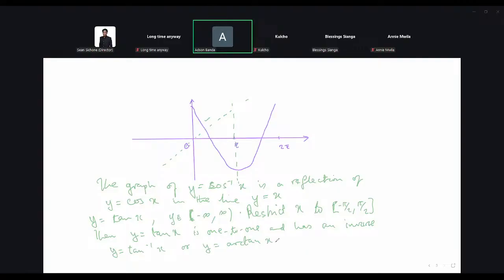So you have y is equal to arctan of x. Right, so what we observe in this case is that now, remember that we are swapping the range and the domain. So the domain of this function is now minus infinity to infinity, and the range is minus pi by 2 to pi by 2. So it has the same range as the sine function in this particular case.